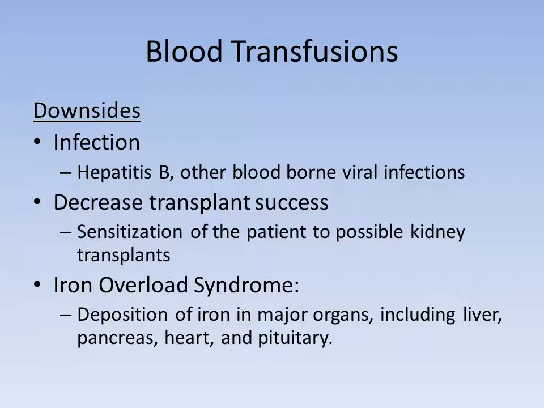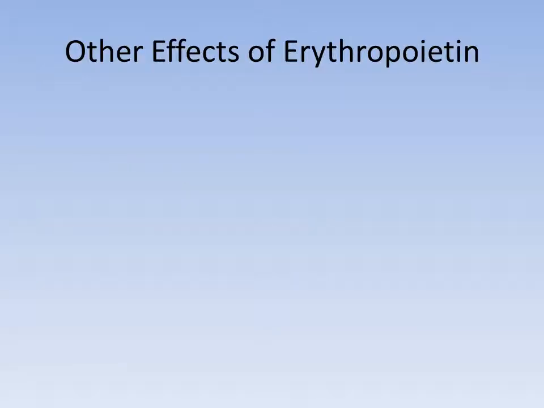Blood transfusions contain a lot of iron, and if you receive a lot of blood transfusions, your bloodstream iron level can rise significantly, and then this can deposit in major organs such as the liver, the pancreas, the heart, the pituitary, and this produces the same clinical picture as the genetic condition we discussed a little bit ago called hemochromatosis.